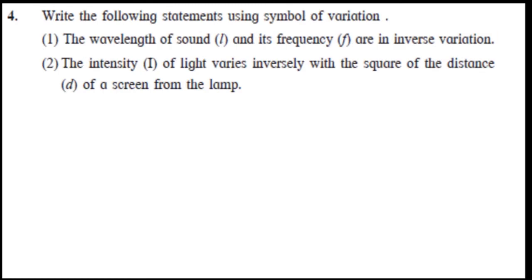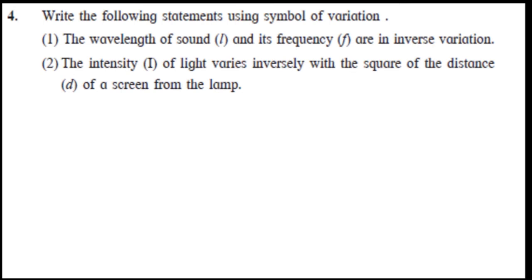Fourth example, write the following statements using symbol of variation. First, the wavelength of sound L and its frequency F are in inverse variation.